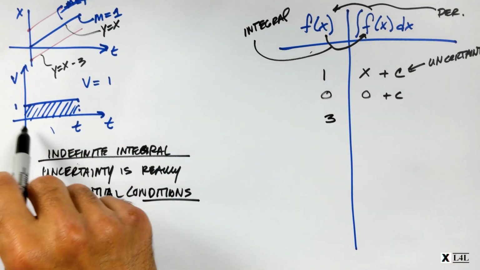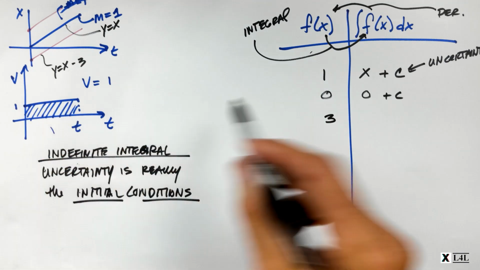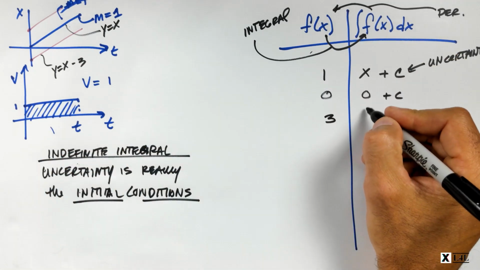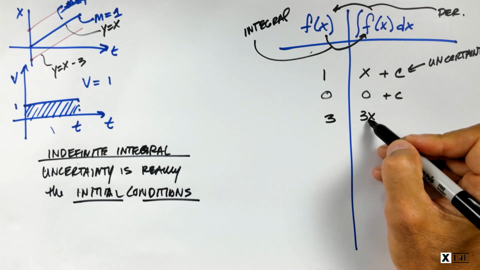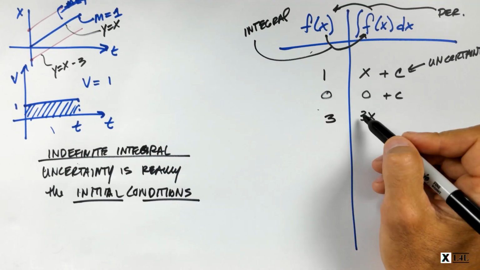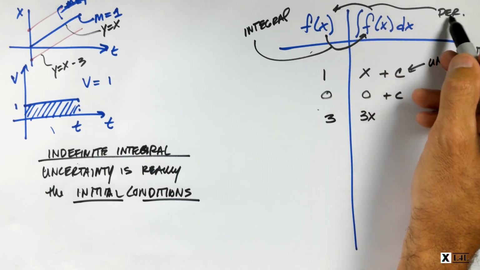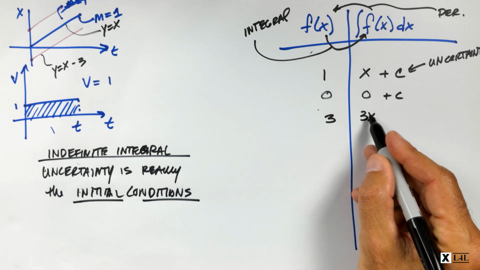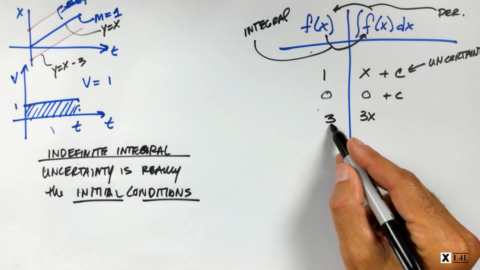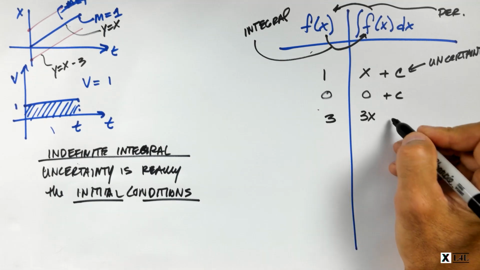What if we had 3? So my function instead of 1 was 3. Well, what function, when I take the derivative of it, is going to give me 3? Well, that would be 3x. So if I take the derivative here, this is a way to check, to go from this side to that side, we're going to take the derivative. They kind of go back and forth with each other. So 3x, if I take the derivative of this function, it would give me 3. That looks good, but I still need this constant.